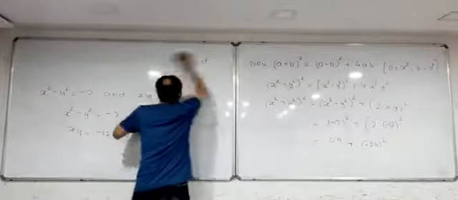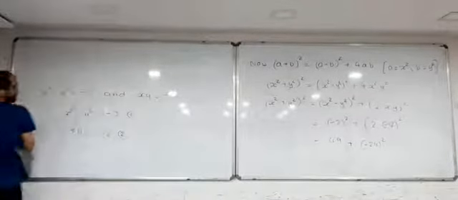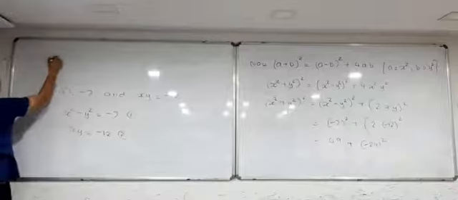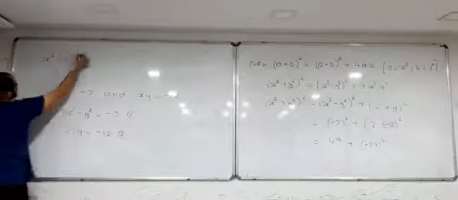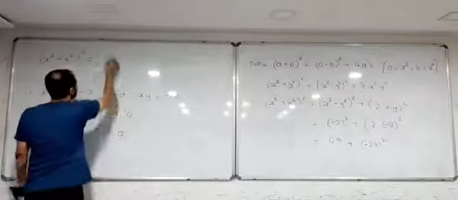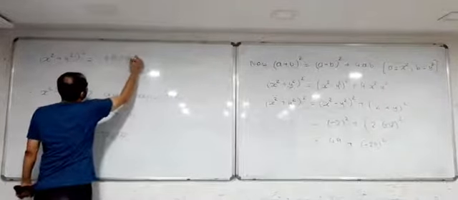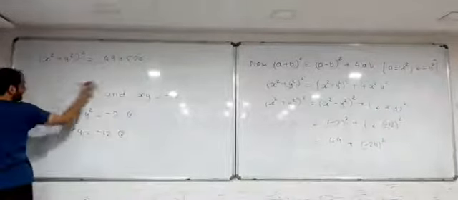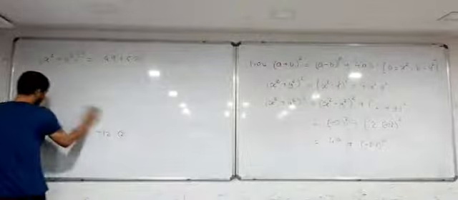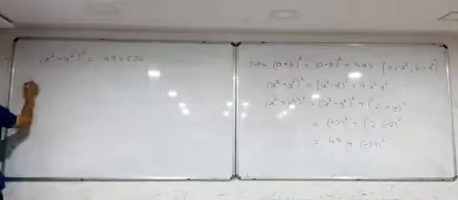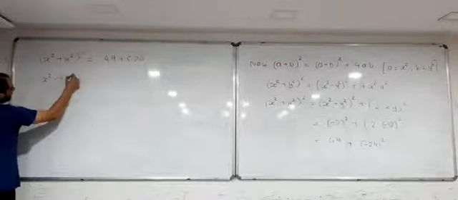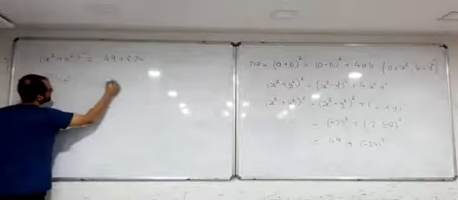So 576 plus 49 gives us 625. So x square plus y square the whole square is 49 plus 576, which is 625. So therefore, x square plus y square the whole square is 625.